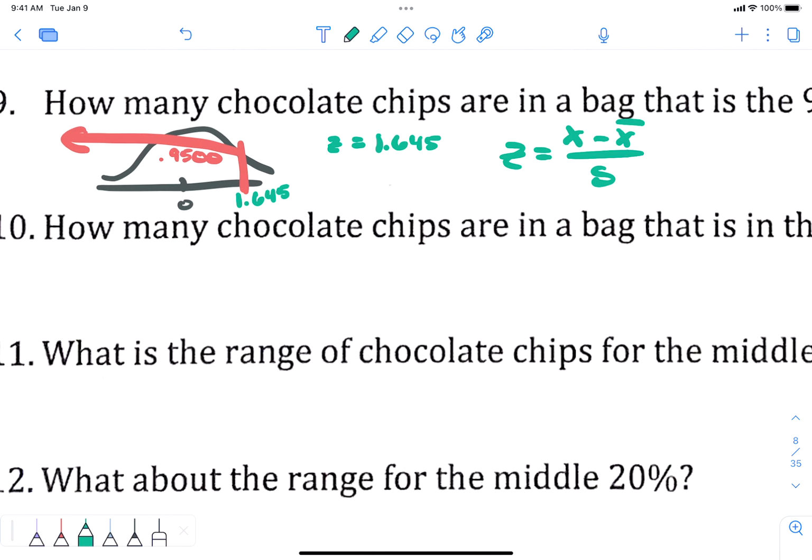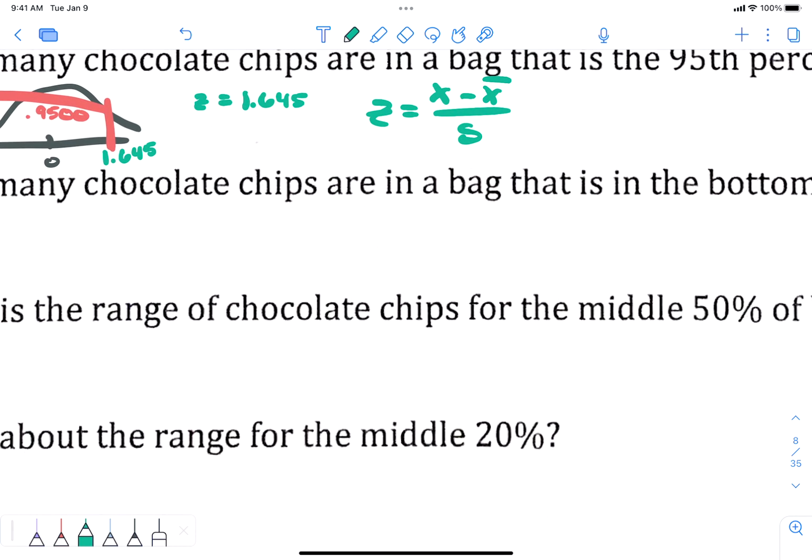In this case, we know the z is 1.645, right? We know that the standard deviation is 117. What else do we know? The mean or the average is, what is it, 1263? Okay, what are we trying to find? The number. We're trying to find x.